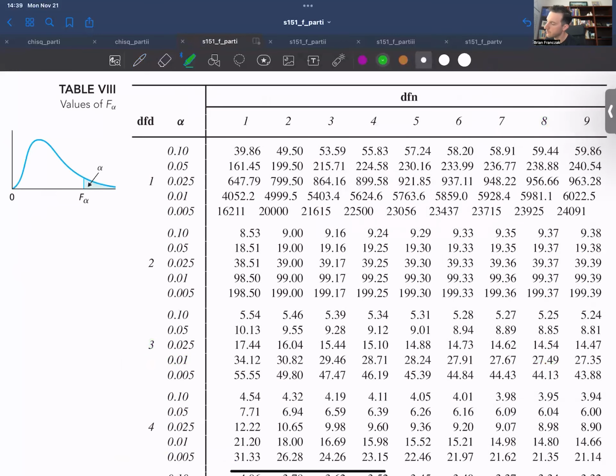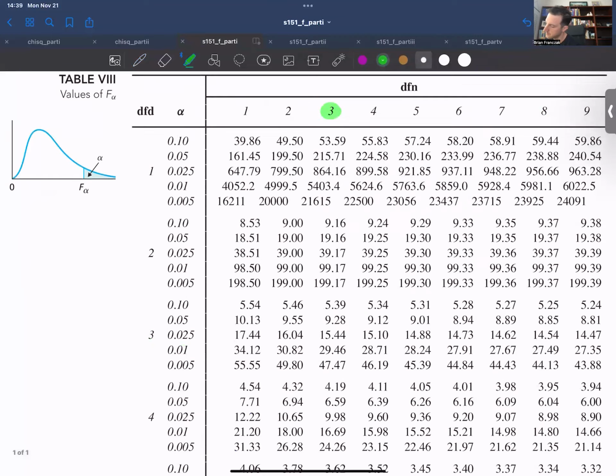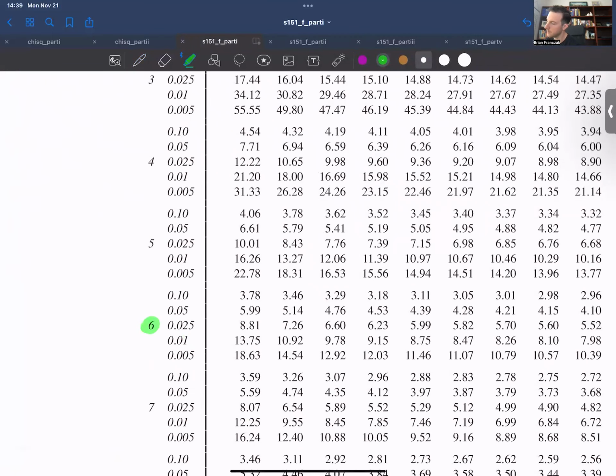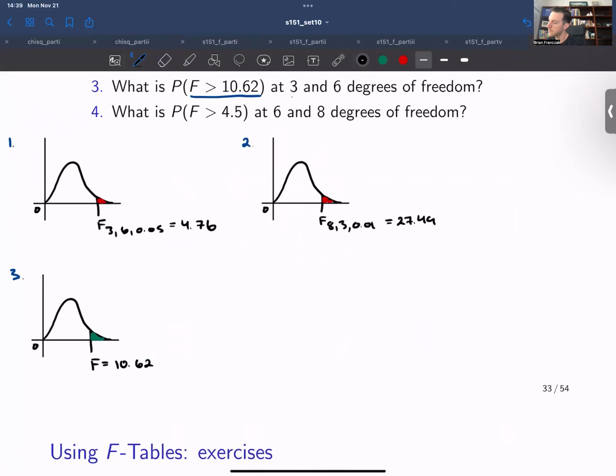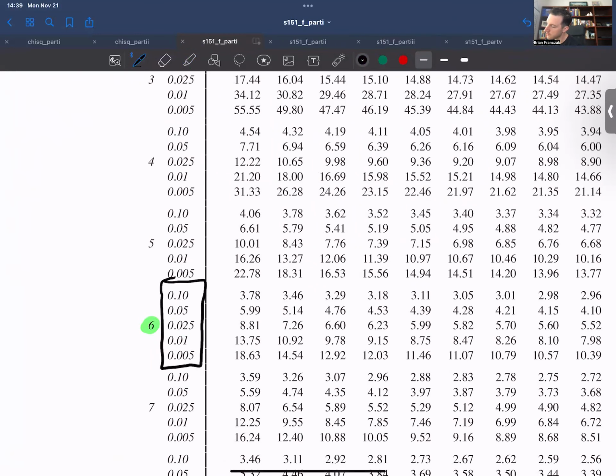We have 3 degrees of freedom here and 6 degrees of freedom here. Now you can see that with F tables you work vertically rather than horizontally. So we are going to take our test statistic value, which is 10.62, and we are trying to determine where the 10.62 fits in between the 5 values that are given at 3 and 6 degrees of freedom.